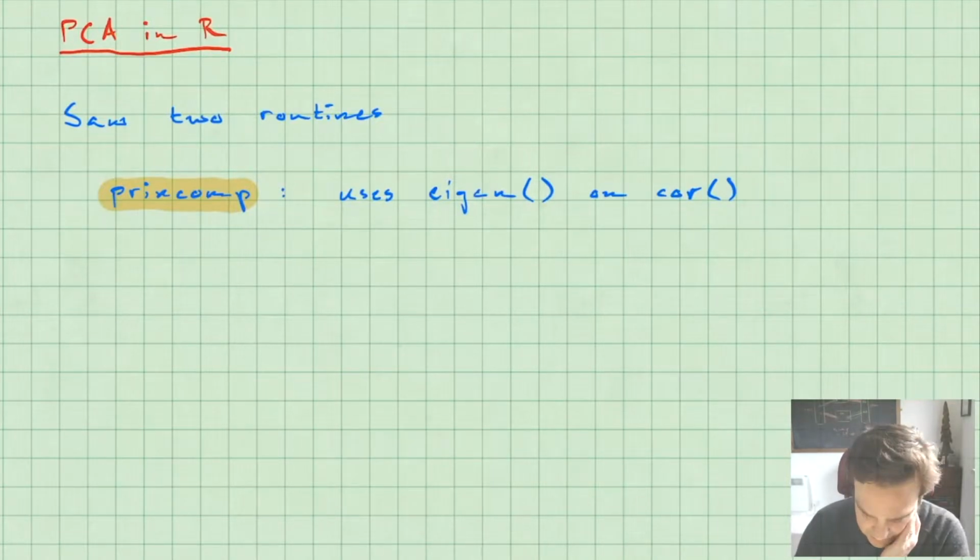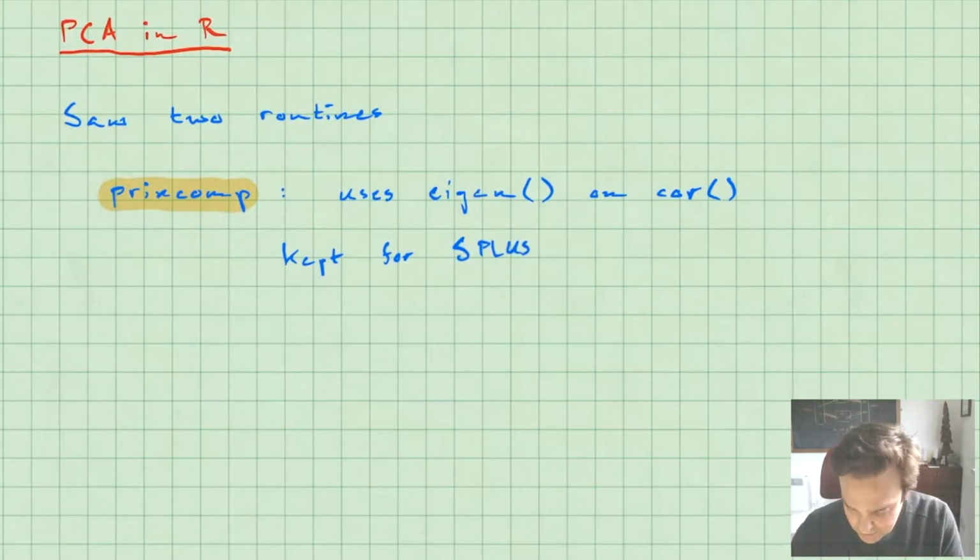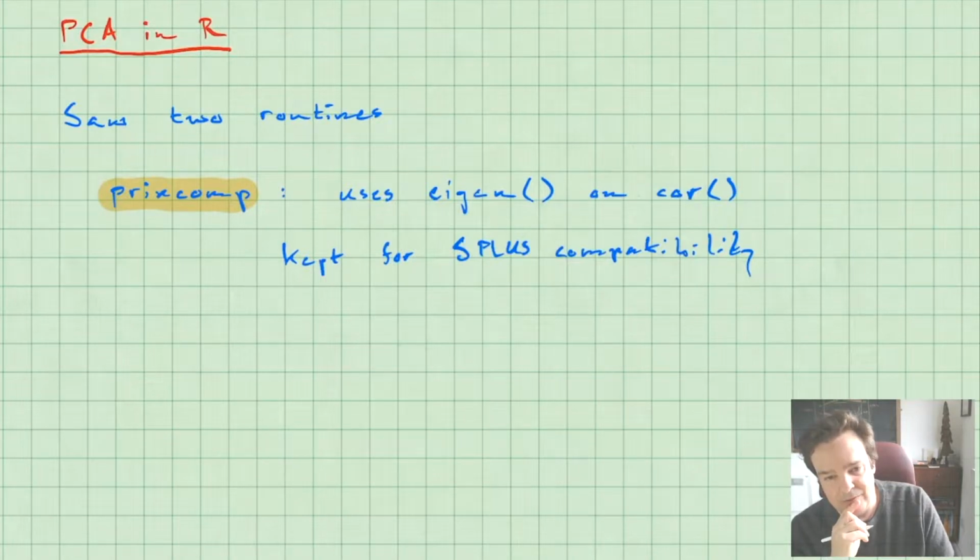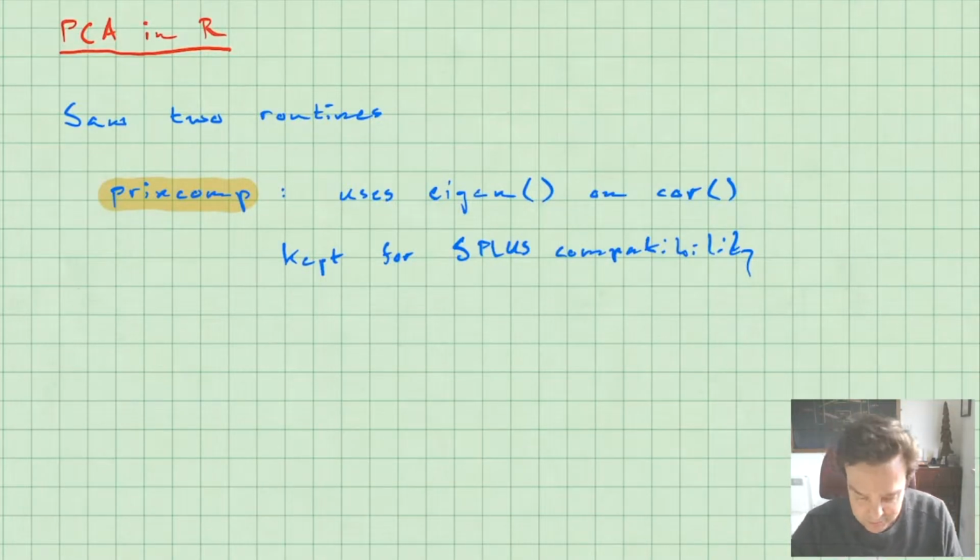It says in the description that the routine is kept around for the purpose of being compatible with an older language, S-PLUS. And it even says right in its help file that the other method, prcomp, is better. So let's talk about that one, prcomp.